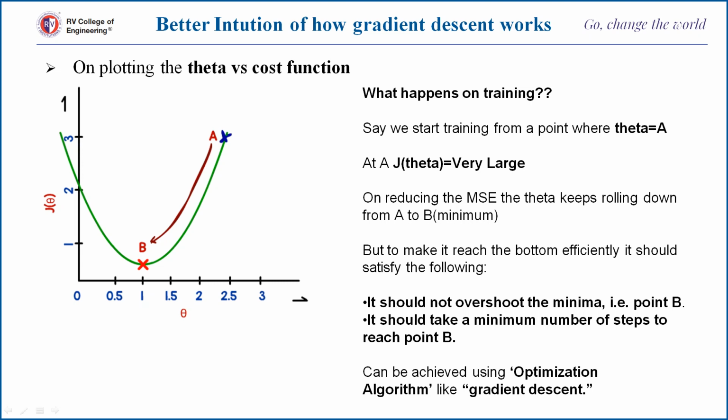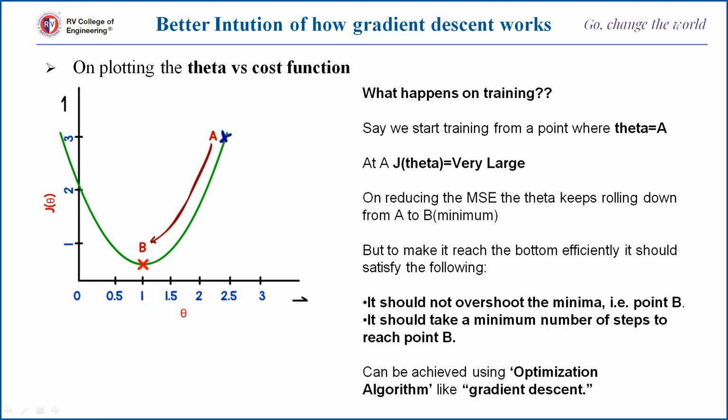What happens on training is, say we start from a point where the value of theta is at A. At theta at A we can see the cost is very large, or the error is very large for this value of theta. On reducing the mean square error, theta keeps rolling down from A to the minimum at B. At this value of theta, the cost function, the error, is minimum.